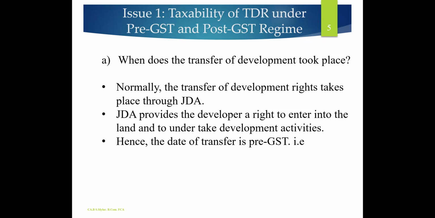So when did the transfer of development right take place? As we all know, the transfer of development right takes place through an instrument called the joint development agreement. Through a joint development agreement, the landowner has given a possession right and development right to the developer, which enables the developer to enter into the construction area and start developing the land.